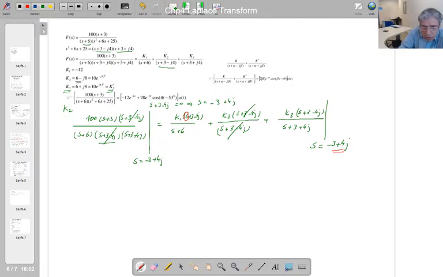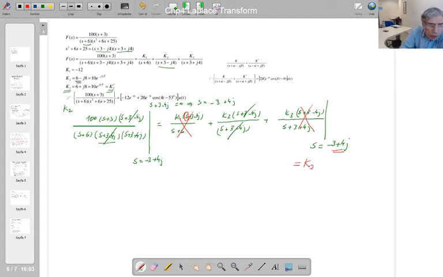That's going to be 0, isn't it? Minus 3 plus 3 gone, minus 4j plus 4j gone. Similarly, this is also gone. This is already gone. So what we have on the right hand side is k2 only, isn't it?